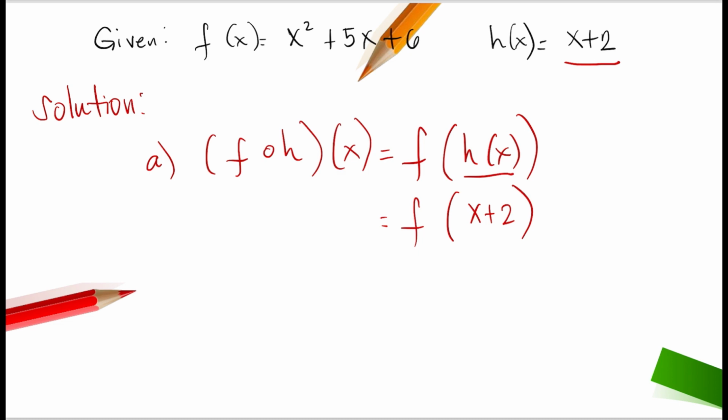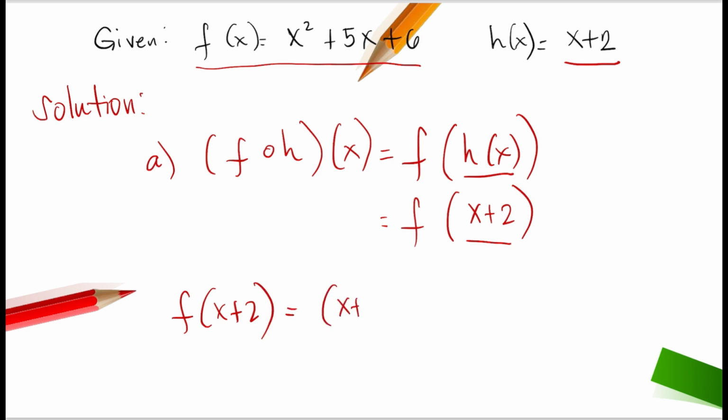And then, since the given f(x) is equal to x squared + 5x + 6, let us replace x by x + 2. And that is now equal to f(x + 2) is equal to the quantity (x + 2) squared + 5 times (x + 2) + 6.